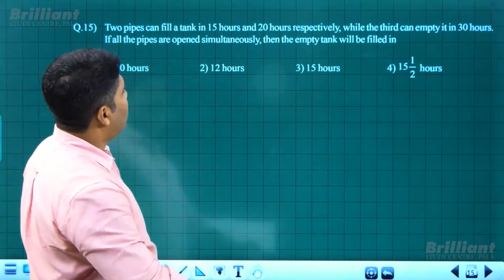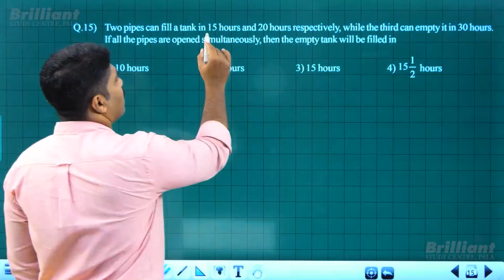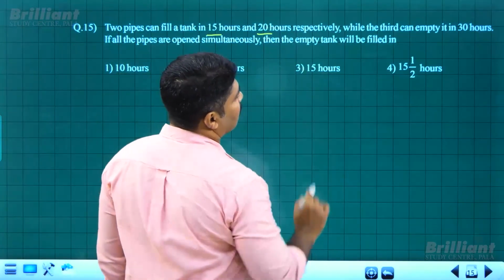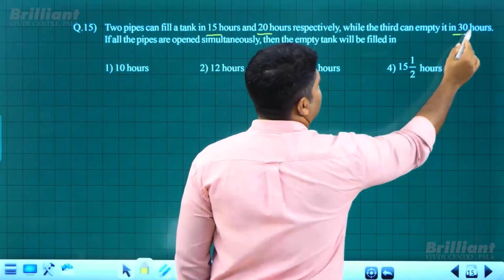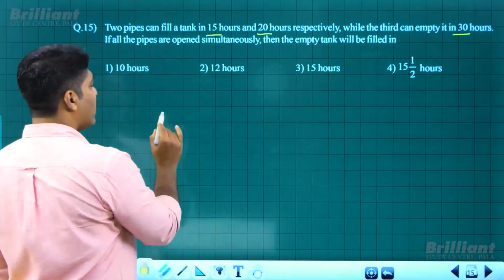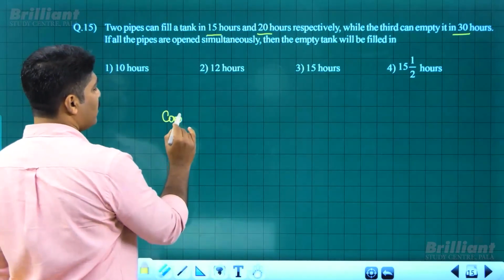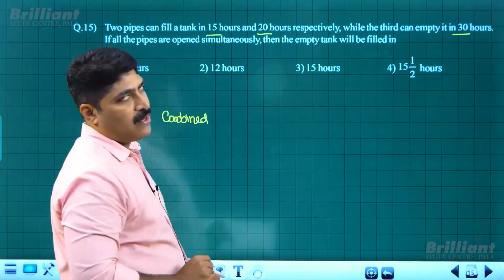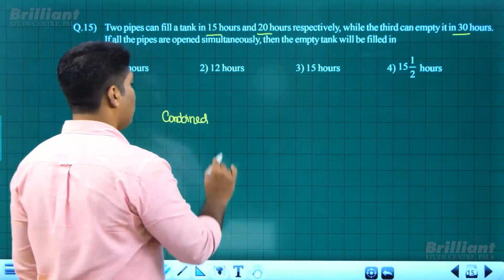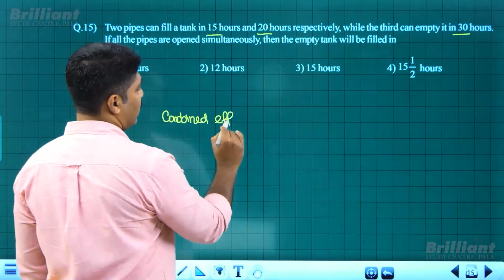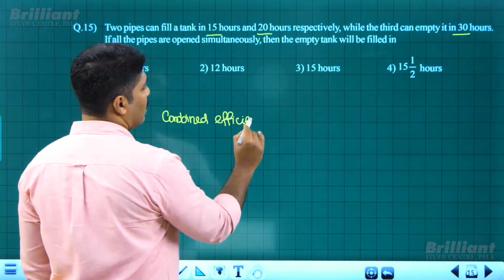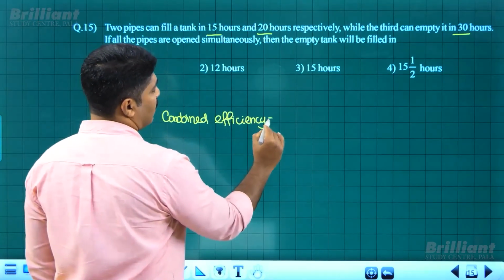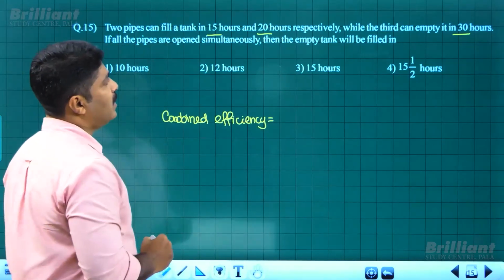Two pipes can fill a tank in 15 hours and 20 hours respectively, while the third can empty it in 30 hours. So here we can consider their combined efficiency. I am directly using the fractional approach for finding the answer of such a question. Now we all are familiar with the operations of this type of question.